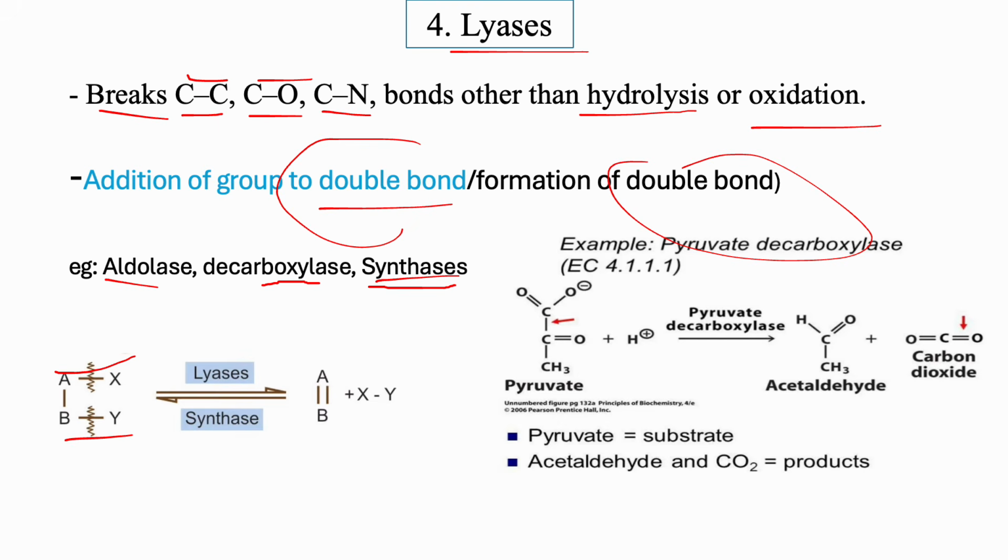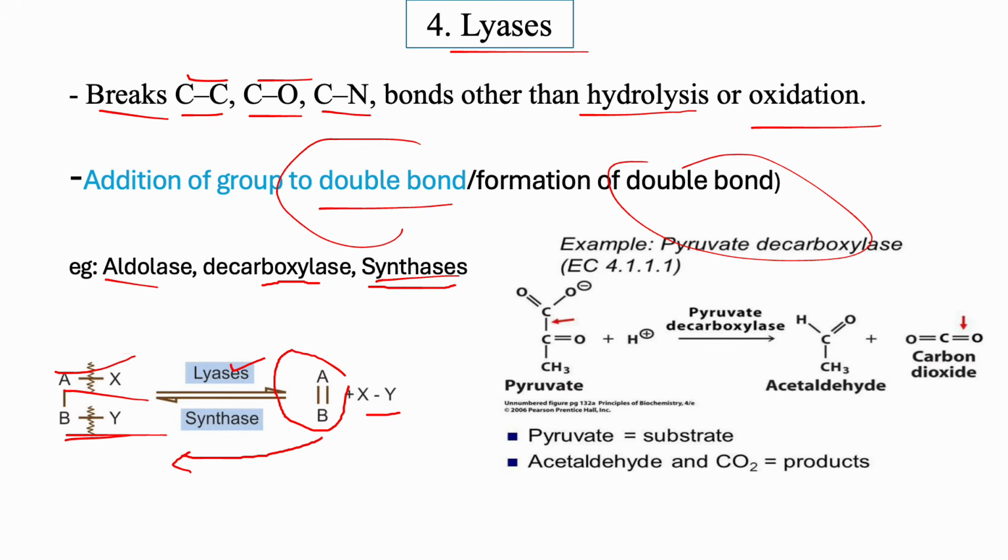Here they break the A-X bond and B-X bond with the help of lyases, and then they form a double bond, and this X-Y also forms a single bond. And again in the reversible reaction, they use the synthase, and can also form bonds without the help of ATP.